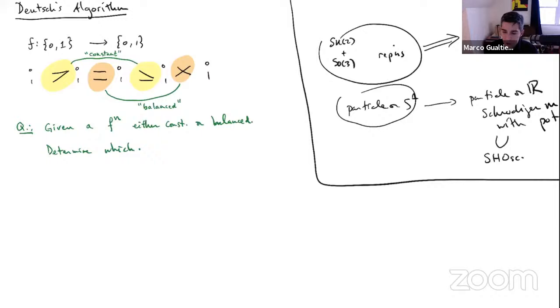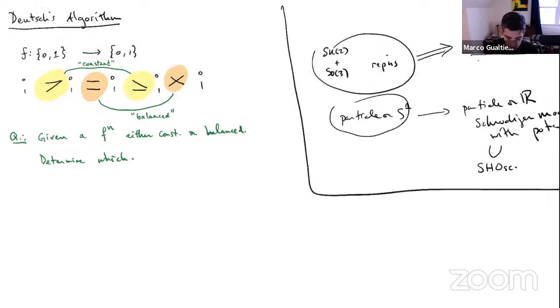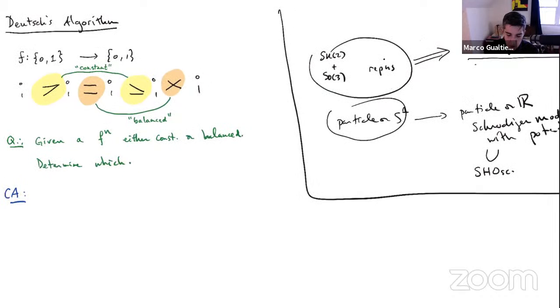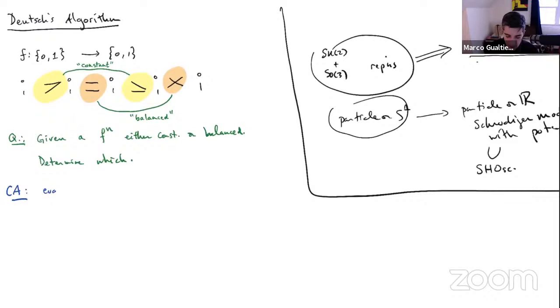Okay, so if I gave you such a function and you had to determine which is which, then what would you do? Well, the classical answer would be to evaluate. First, apply f to 0.